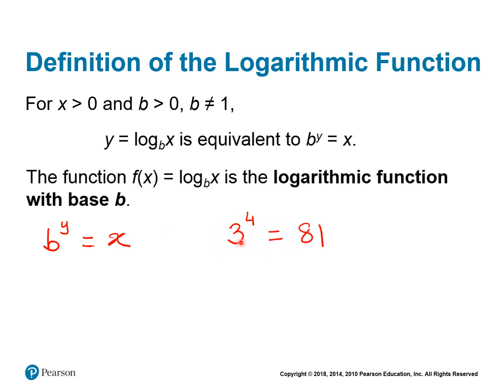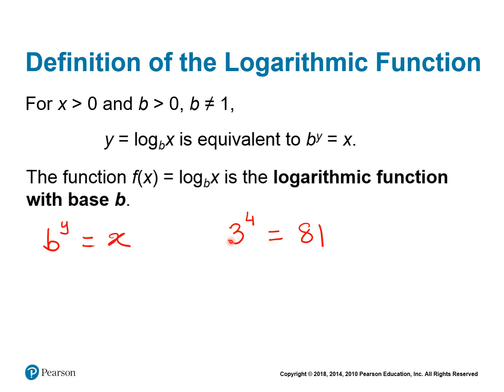In this case, 3 is our base. That base value is raised to an exponent which is 4. So b is 3, y equals 4, and when we evaluate 3 to the power 4, we get a value equal to 81. So this is the exponential form.